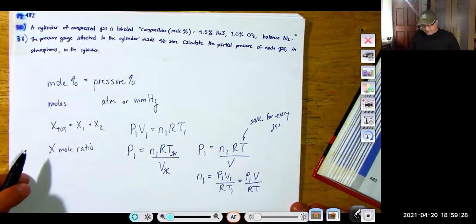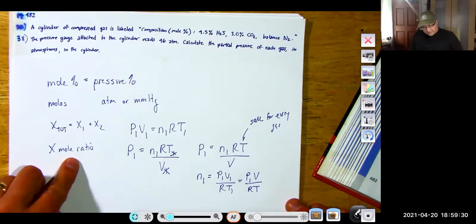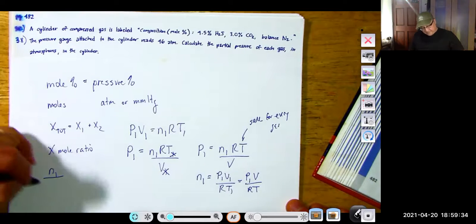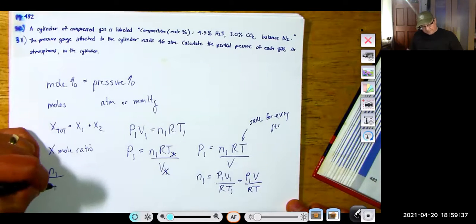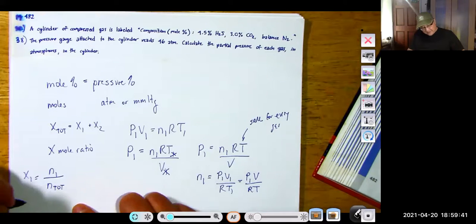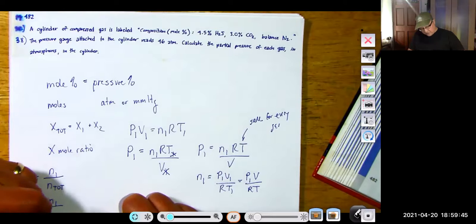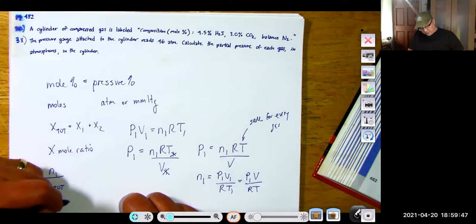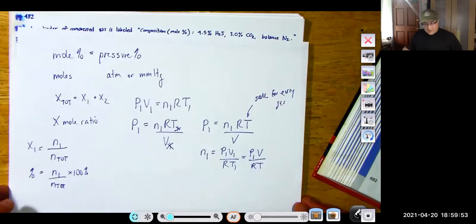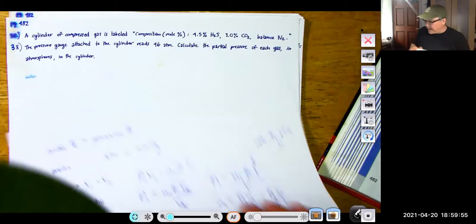And mole ratio is simply N1 over N total. And if you want to turn that into a percent, then percent would be N1 over N total times 100%. All right, so that's number 38.